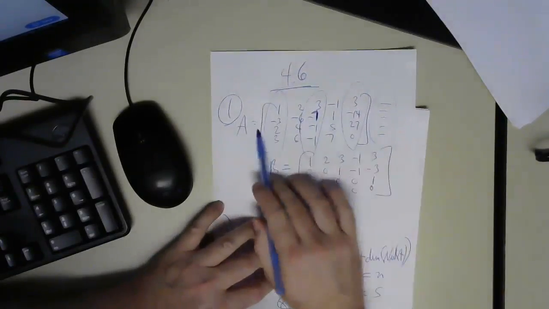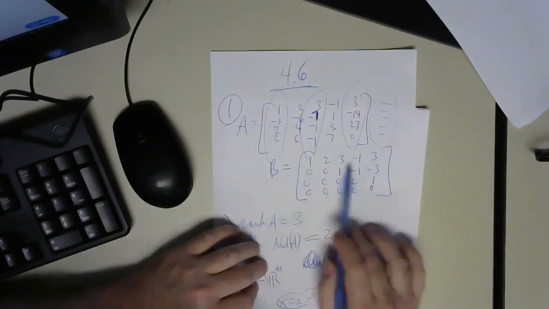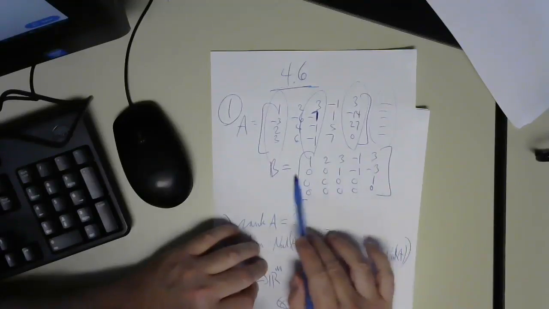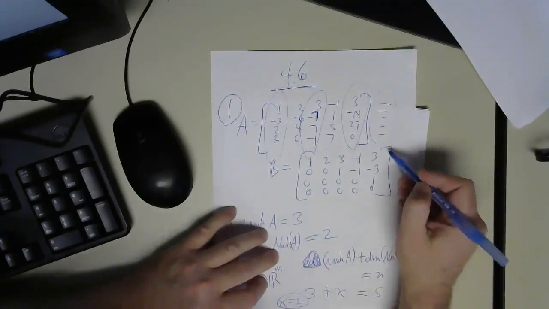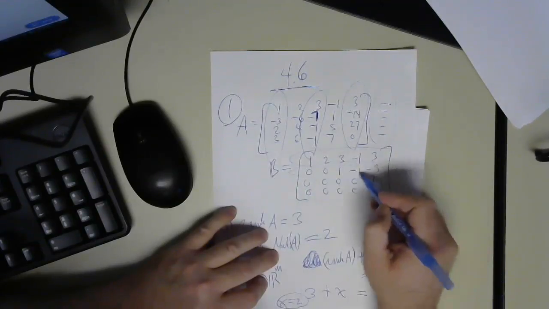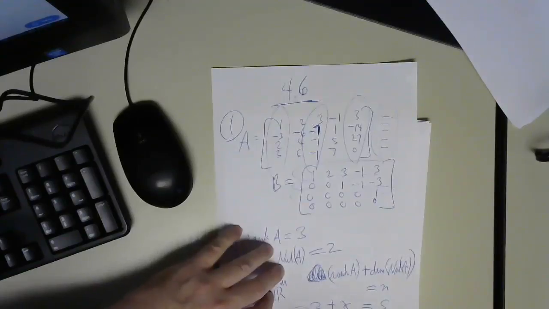If you take a matrix and you put it in echelon form, you can come up with a basis for the row space just by using all of the non-zero rows in the echelon form of the matrix. So I can just say this is a basis element, this is a basis element, and so is this. You just take the non-zero rows of the matrix in echelon form, and that'll give you a basis for the row space. It's as simple as that.